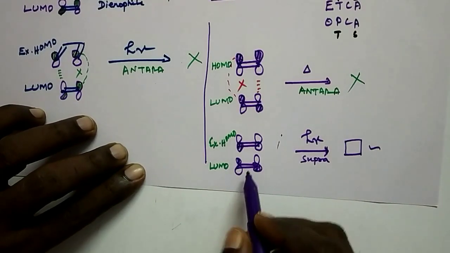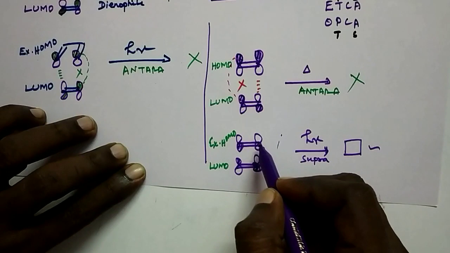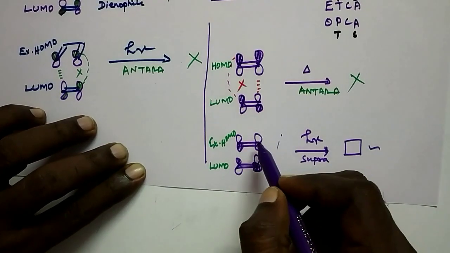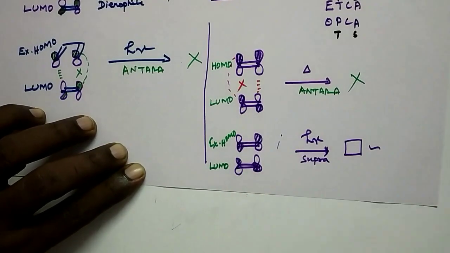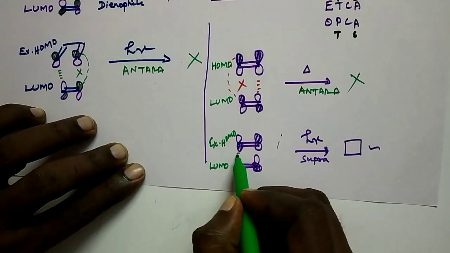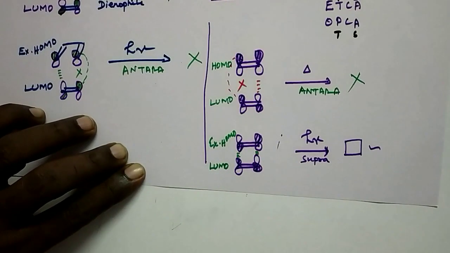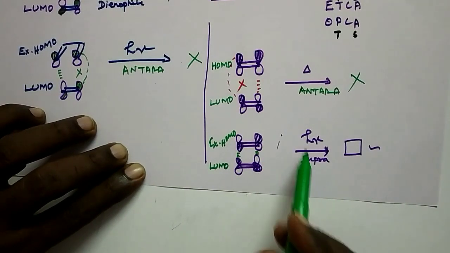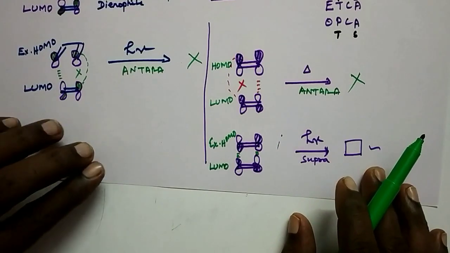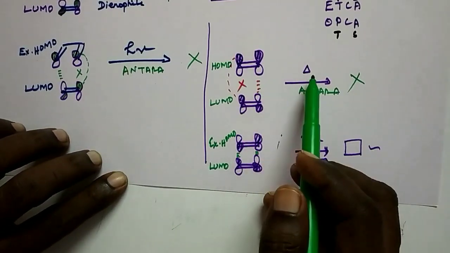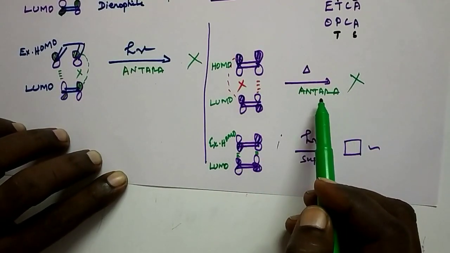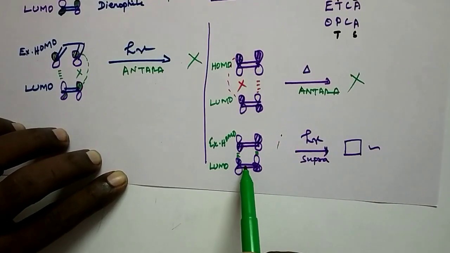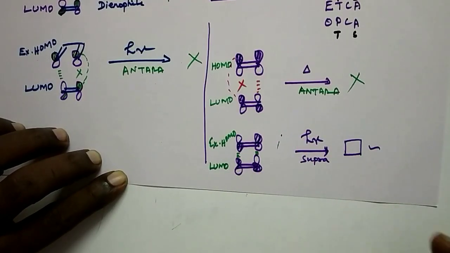So here, LUMO is antisymmetric means here also LUMO antisymmetric. Okay. Now see the orbitals. Symmetry matches. Okay, you get the product. So here suprafacial, here antarafacial. So 2 plus 2 cycloaddition is thermally not allowed because it is antarafacial. 2 plus 2 cycloaddition photochemically allowed because it is suprafacial.